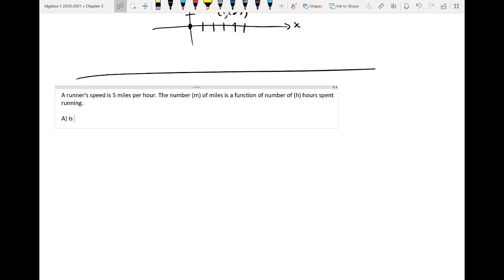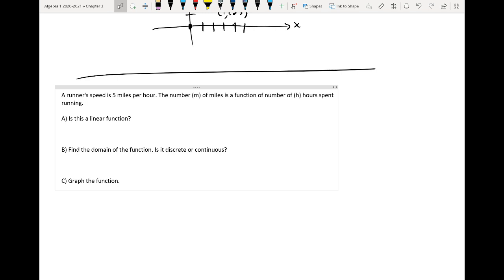First of all, is this linear? Second, what's the domain? And is it discrete or continuous? And then third, we're going to graph the function.